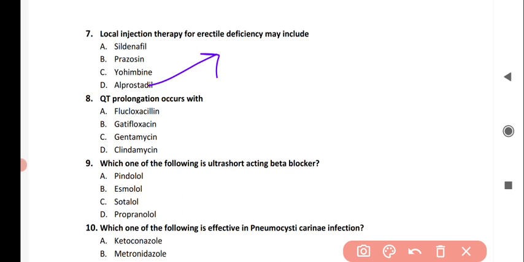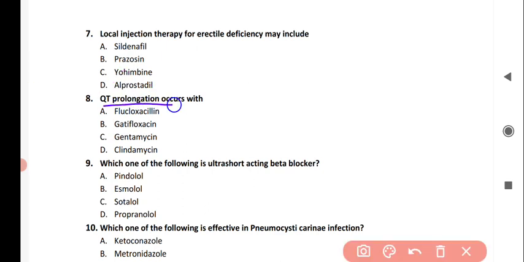And the drug alprostadil is given in the form of injections, and it is a vasodilator that can increase blood flow by expanding the blood vessels. This medicine causes an erection because it increases the blood flow to the penis. So option D will be correct for this question.